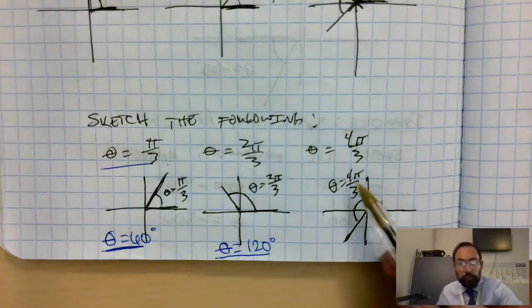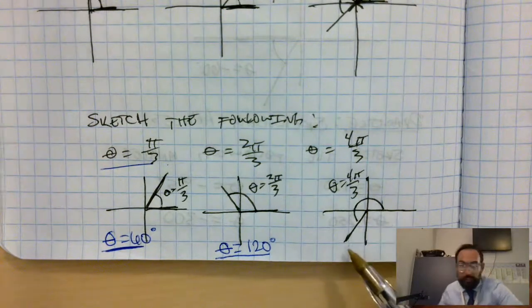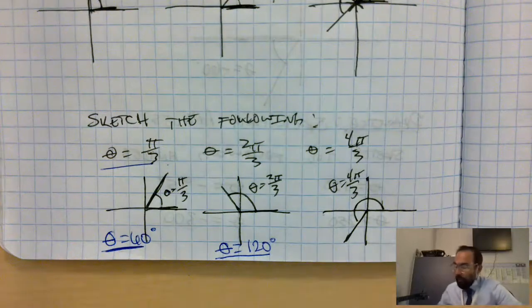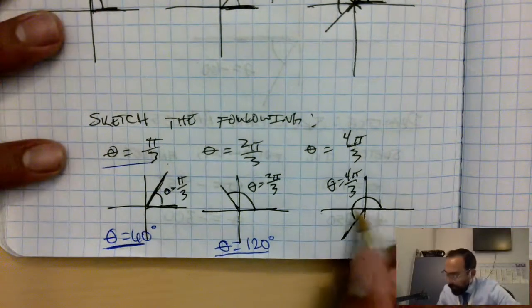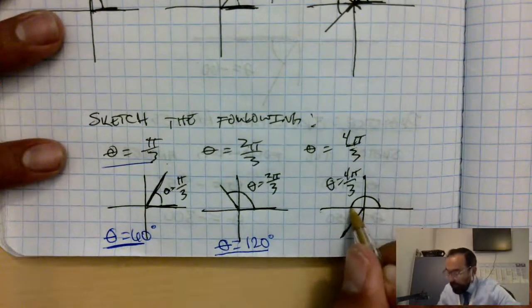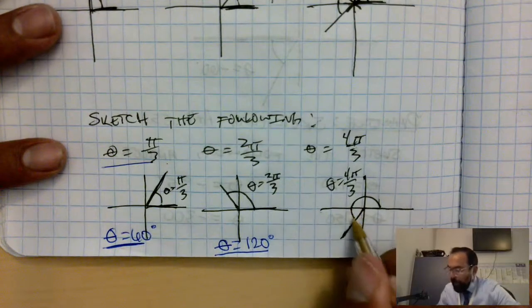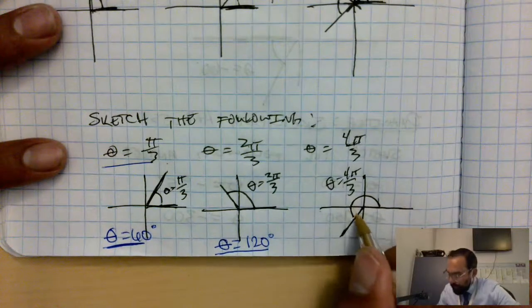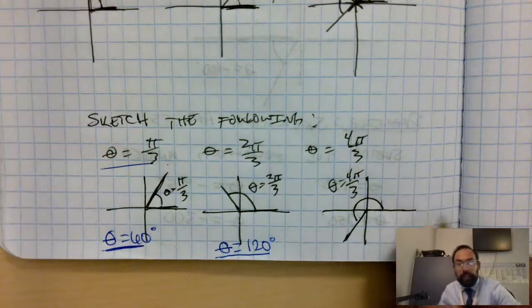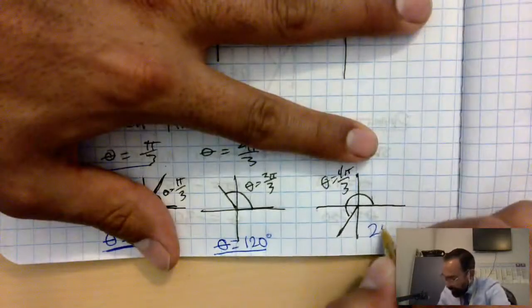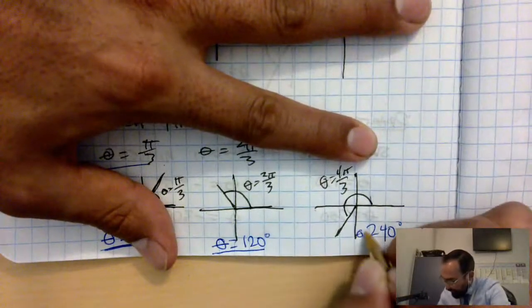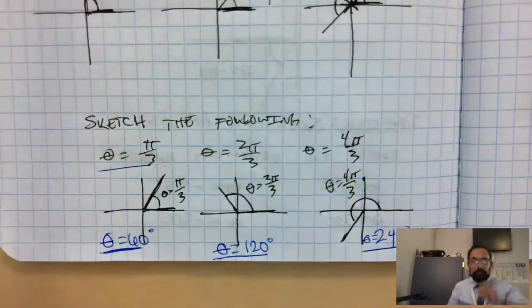So we can multiply 4 times 60, and that could give me my answer. Or we can say, oh, well, pi is going to be 180, and then we're adding one more of those sections, which we got right here, which was 60. So 180 plus 60 gives me 240 degrees. That's what theta equals right there.